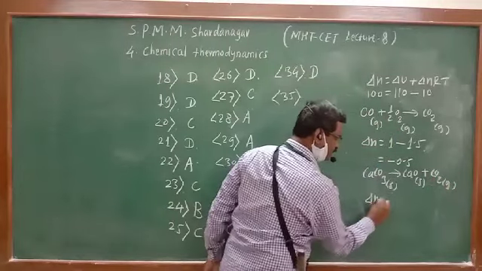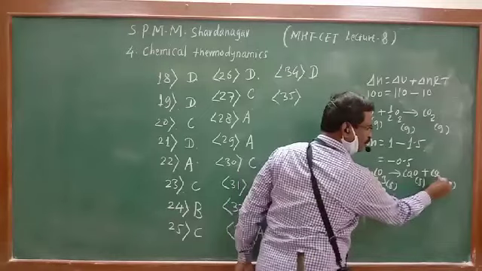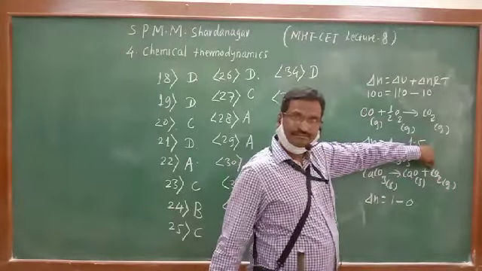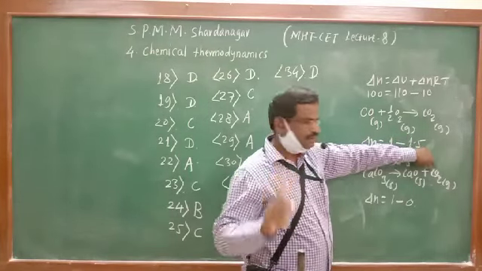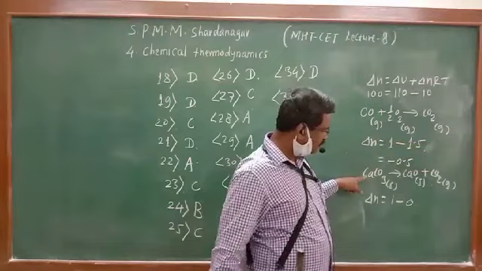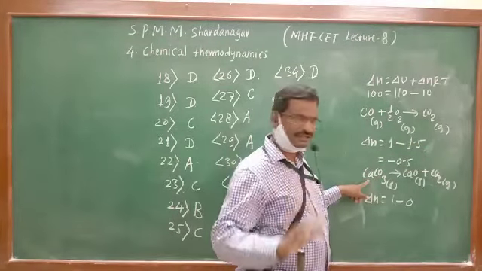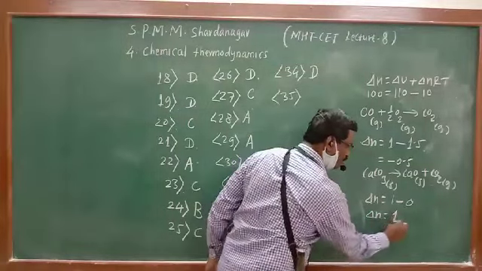What is delta N for this reaction? 1 minus 0. It is 1, because only the gaseous state we have to consider. What is N1? 0. This is solid, so it is not considered. 1 minus 0. Delta N will be equal to 1.